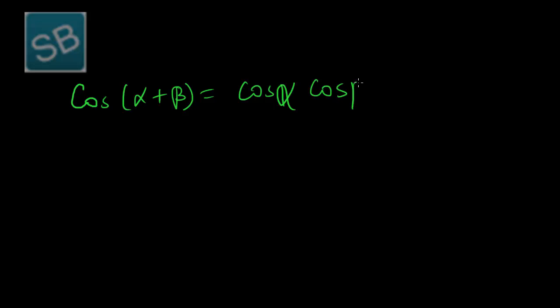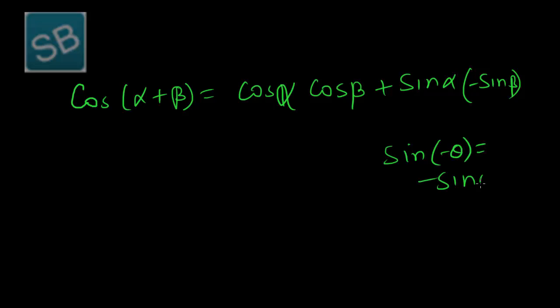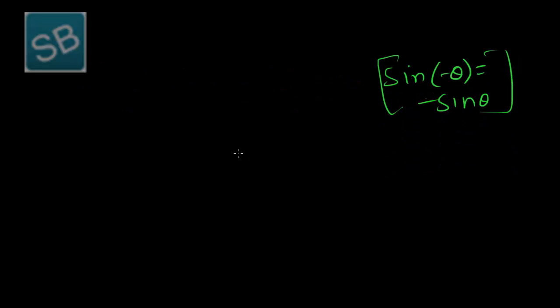And as we know that cos of minus theta is equal to cos theta, therefore cos alpha as it is, cos of minus beta is cos beta, sin alpha as it is, sin of minus beta is minus sin beta, as sin of minus theta is equal to minus sin theta. So it becomes cos alpha cos beta minus sin alpha sin beta.